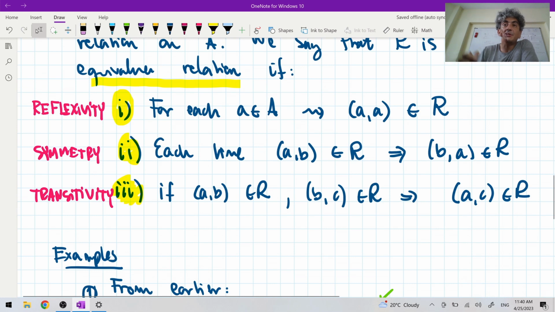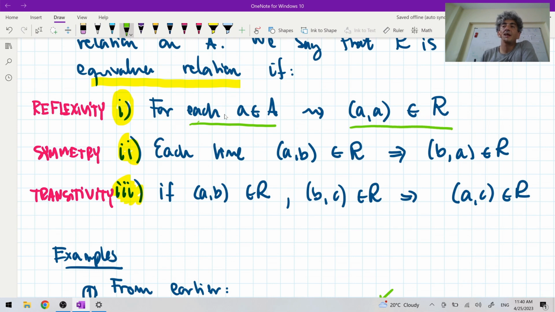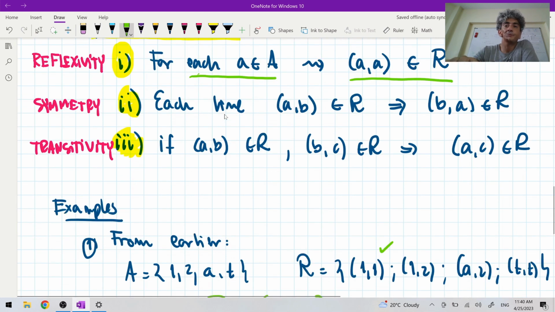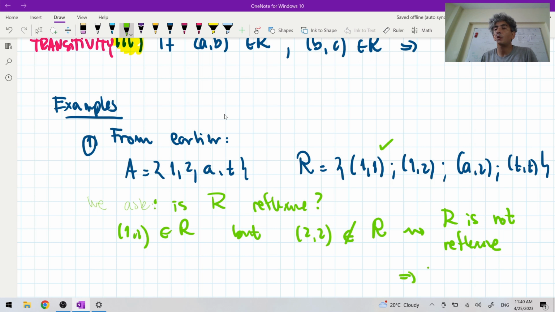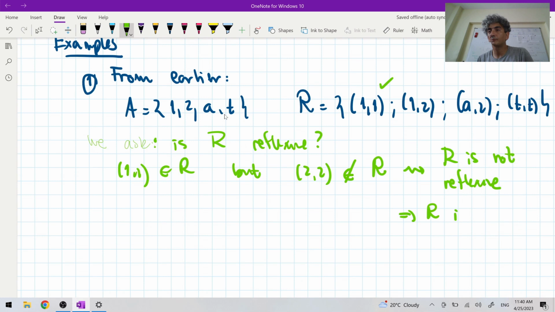For each element of the original set, the element has to be related to itself. In this case, 2 is not related to 2 because it does not belong to R. Then the relation R is not reflexive, so R cannot be an equivalence.